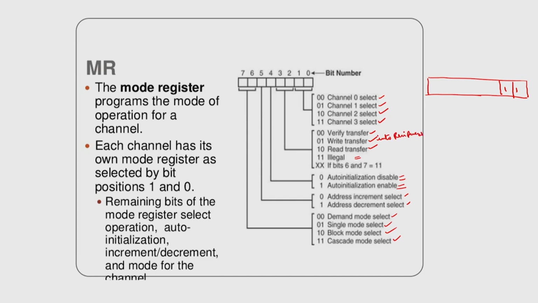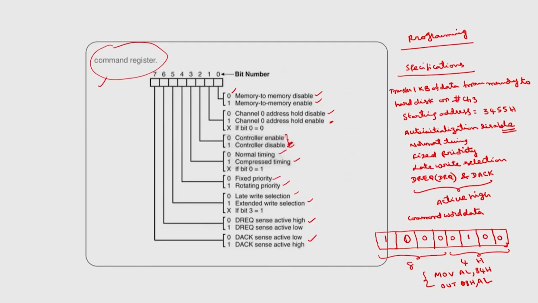So, this is 0 1. Then I want to disable auto initialization, 0, and I want to increment the address. So, this is also another specification we can add to the previous specifications: increment the address.